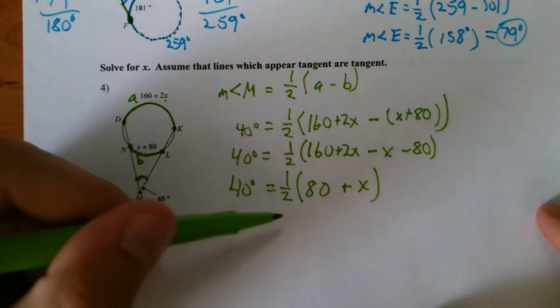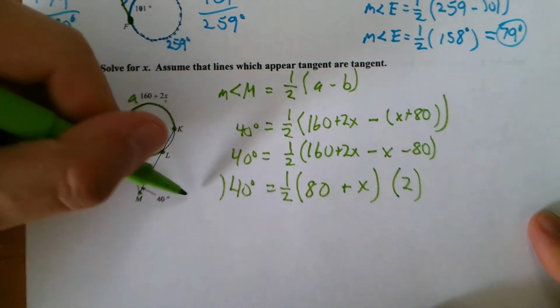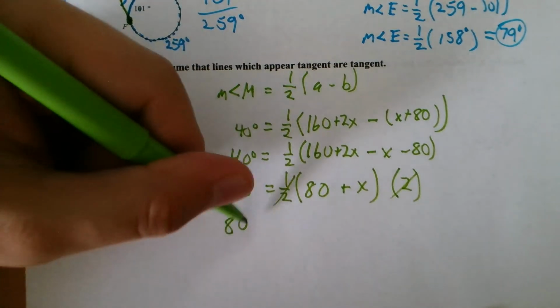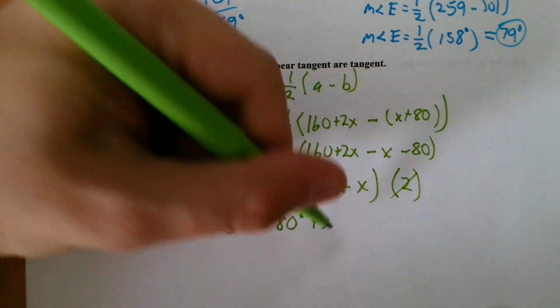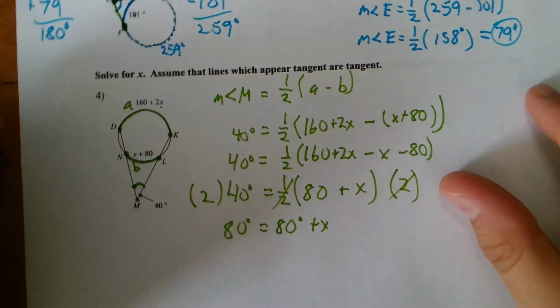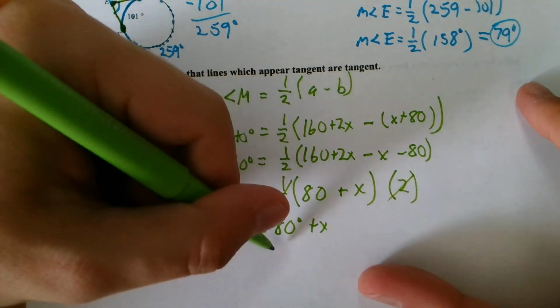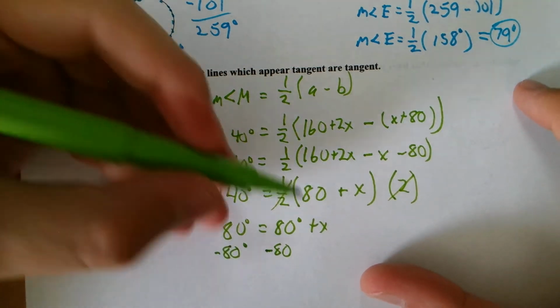Cool. Now, just like I've been showing in these videos, to cancel out the 1/2, I'm going to multiply both sides by 2. That cancels that. 2 times 40 is 80. And 80 degrees equals 80 plus x. Now, if I want to get x by itself, I have to subtract this 80 from both sides. Minus 80, minus 80.